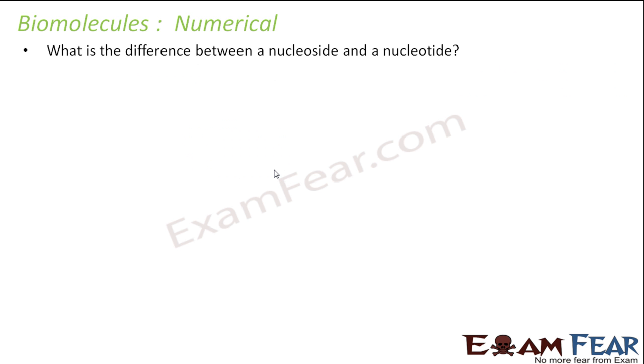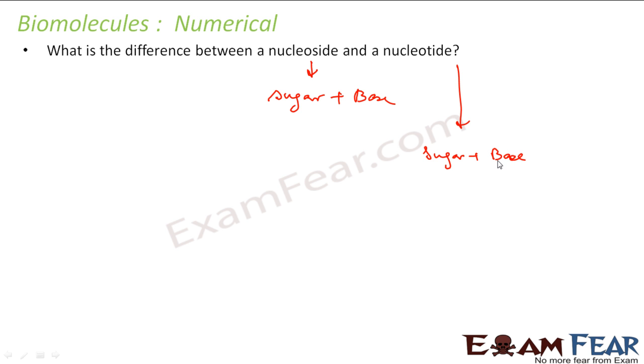Difference between nucleoside and nucleotide. So we have seen this. Nucleoside is nothing but my sugar, this is ribose or deoxyribose, and a base. Nucleotide is nothing but you have sugar, that is ribose or deoxyribose, plus base, and also phosphoric acid.